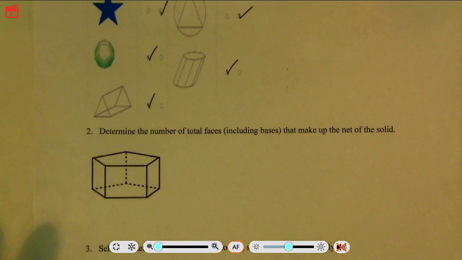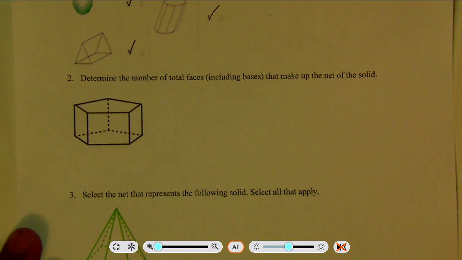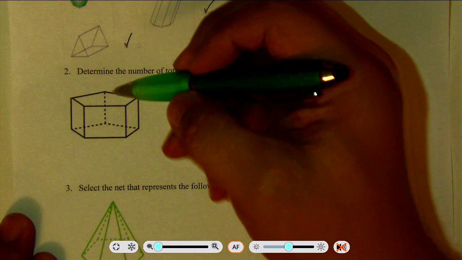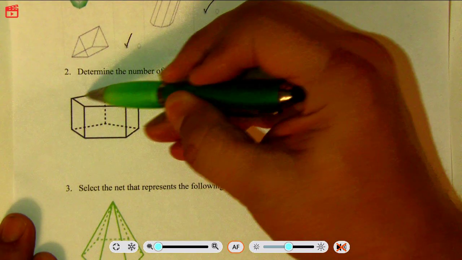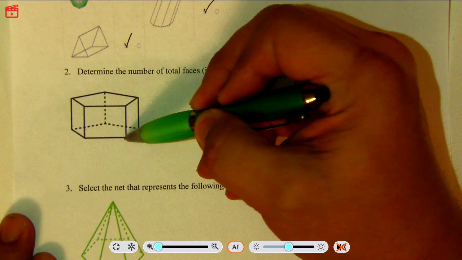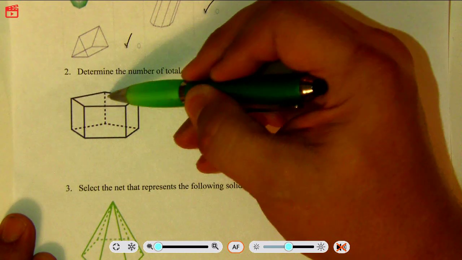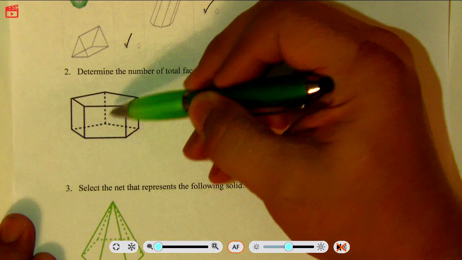Number 2, determine the total number of faces. Faces mean sides, so how many sides make up that shape, including the bases, the top, and the bottom. Well, what I notice here is each of these bases, the base is a pentagon. So I have a base at the top and a base at the bottom, so that's 2.